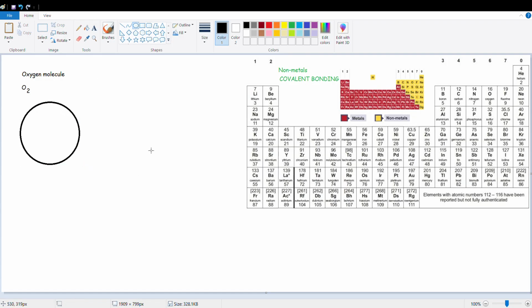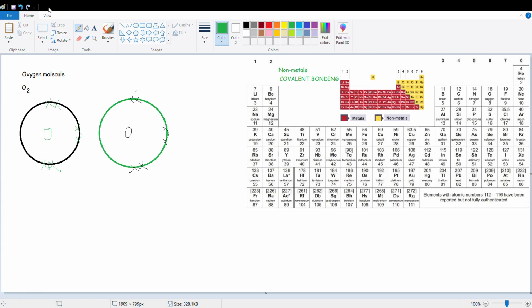This time we have oxygen here, let me take green color. We have two atoms of oxygen becoming a molecule. So the number of electrons for oxygen is 6: 1, 2, 3, 4, 5, 6, and then the other oxygen, 1, 2, 3, 4, 5, and 6. We need to make sure both have 8.